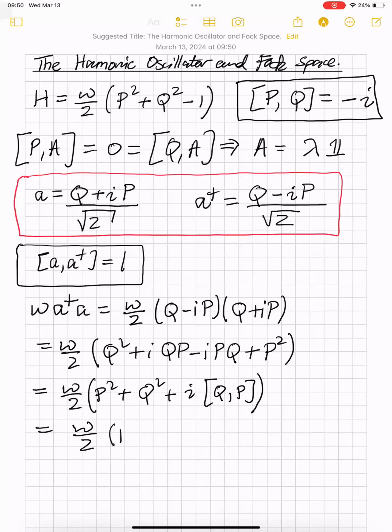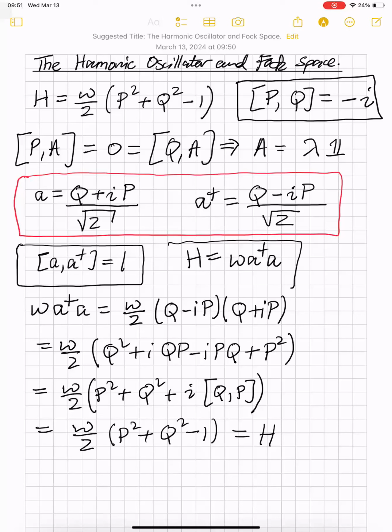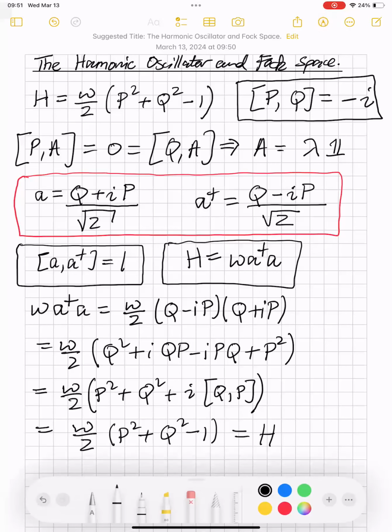So we just get omega over 2 into p squared plus q squared minus 1. And that's exactly the Hamiltonian. So this is the formula I wanted. The Hamiltonian is equal to omega a dagger a. That's a nice, simple computation. So we'll store that result. Let me just clean this now. We no longer need it.